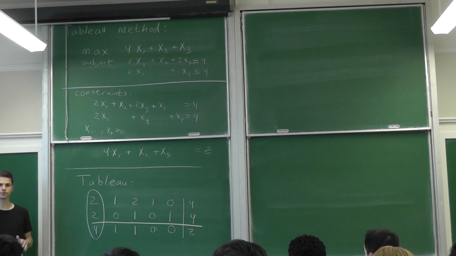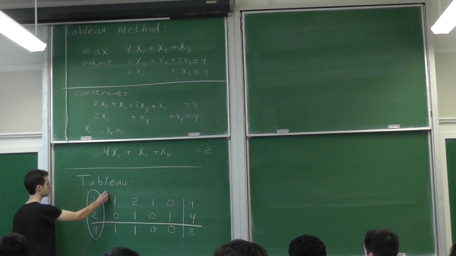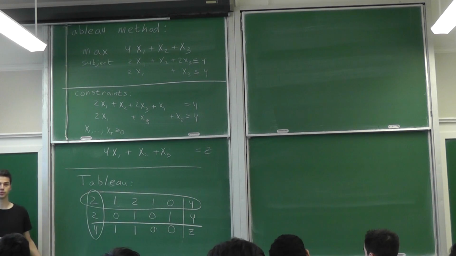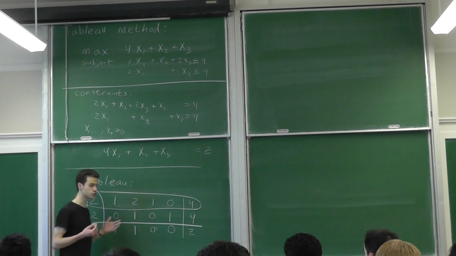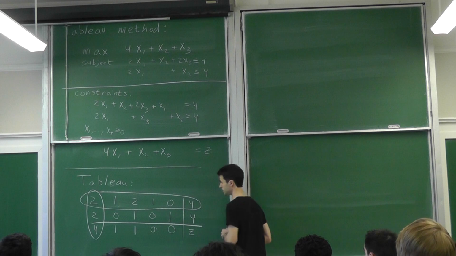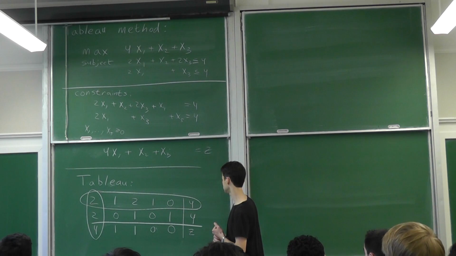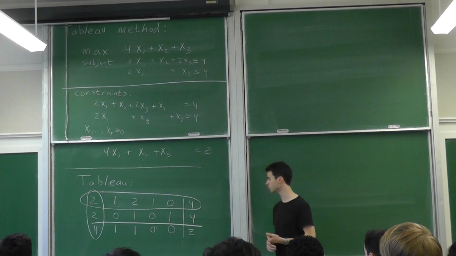So here I have a tie. Well, let me resolve it by the small subscript rule. I'll just choose the top row.